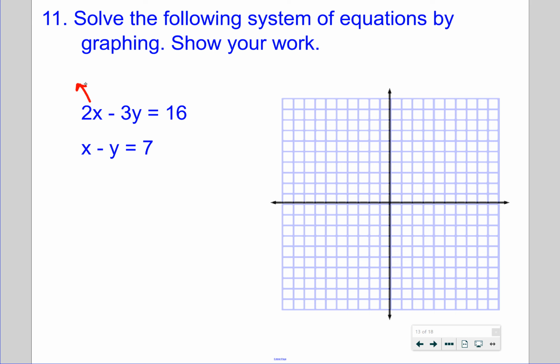If I want to find an x-intercept, I let y equal 0. If I let y equal 0 in this top equation, I'll be left with 2x equals 16, and therefore x equals 8. So I have an x-intercept point on the x-axis at 8. If I want to find a y-intercept, we let x equal 0, which would give me negative 3y equals 16.